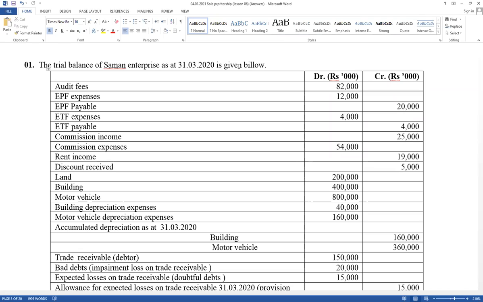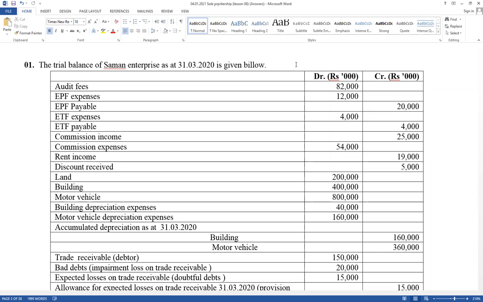Those are the interested parties of the business. Our duty is to provide information about the business to the stakeholders, so we have to prepare financial statements. That is the way we provide information. Therefore, to provide information to interested parties to take decisions, we have to prepare financial statements.